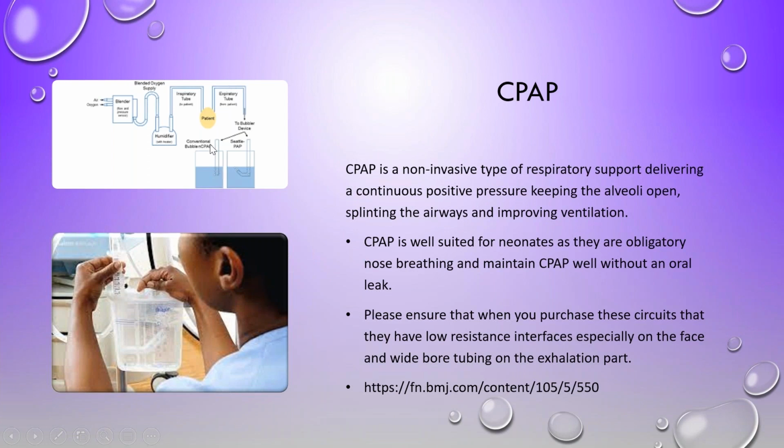What it has looked at is this interface here with the baby, and this tubing here. And what it has found is that if this interface isn't correct, so we come back to that question of the CPAP mask against the baby's face, if it causes a high resistance here, it's problematic. And if this tubing here isn't the correct diameter, it will also become problematic.